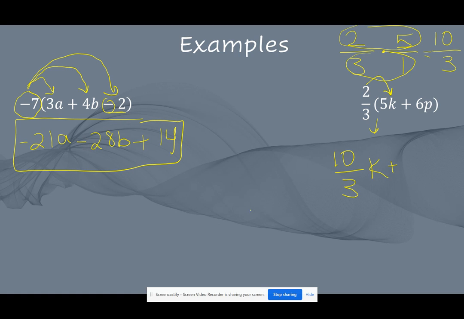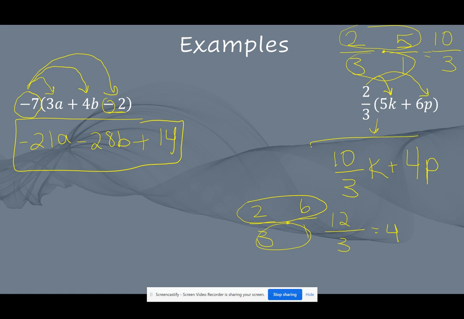And then we want to multiply 2/3 times 6p, so times 6. Put it over 1. 2 times 6 is 12. 3 times 1 is 3, so we get 12 divided by 3, which is 4. So we get 4p. So if you can divide it, you should, but if you can't, you can just leave it as like 10 over 3.